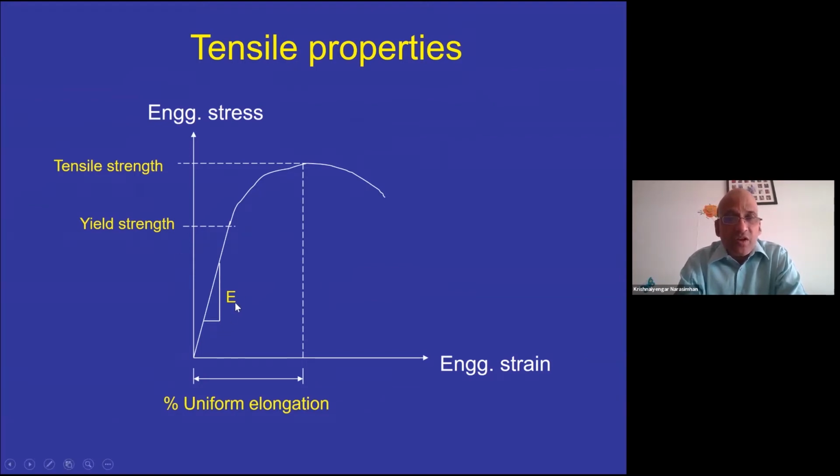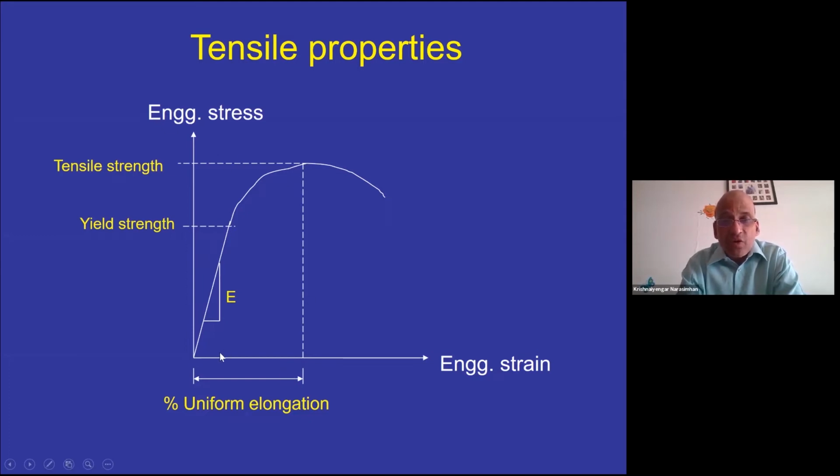So we get what we call the Young's modulus, which is the slope of the curve in the elastic domain. Then we get the yield strength, right? Yield strength is important because if our loading is going to be below yield strength, then you will never have forming, right? So our stress state or loading condition always has to be above the yield strength. Then of course you have the UTS, ultimate tensile strength.